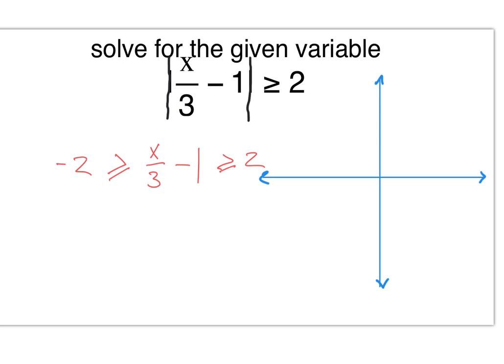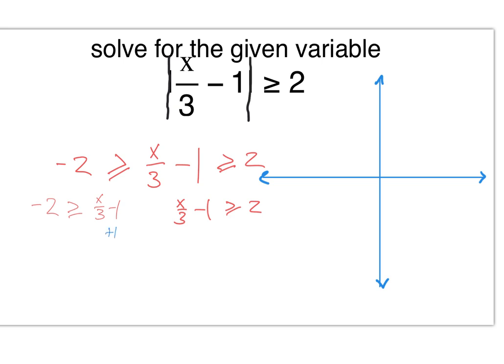Then we're going to split this up into 2 equations. On the left, we'll have -2 greater than or equal to x thirds minus 1. On the right, I'll have x over 3 minus 1 greater than or equal to 2. I'll solve the left side first.